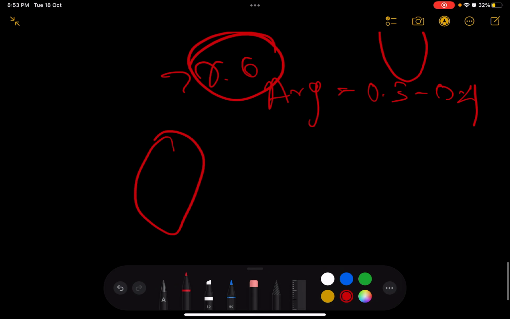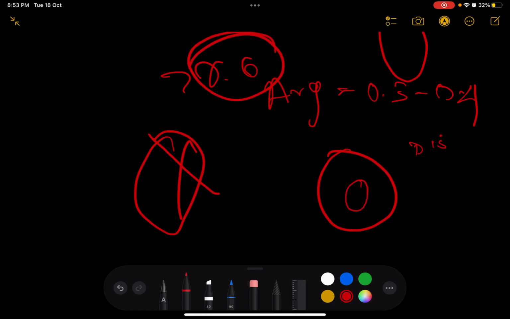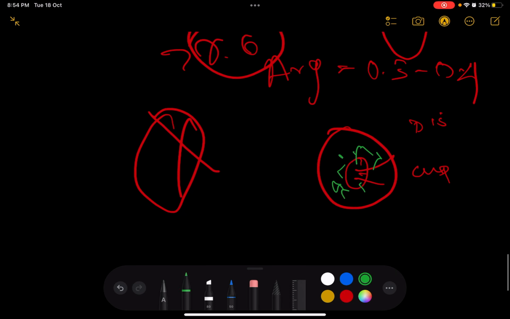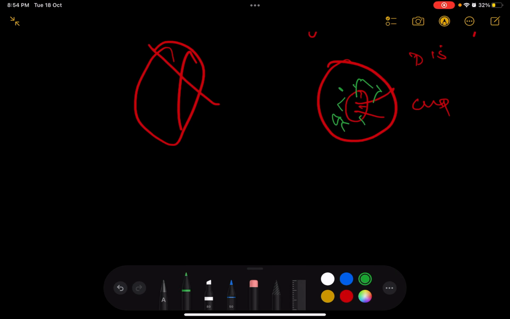If this is the optic disc, and this is the optic cup, the optic cup is allowing vessels to enter, and they are going to go supply the different parts, obviously. Now the optic cup is allowing vessels to travel, and the optic disc is having a lot of neurons. Now these neurons are arranged in a very peculiar manner.